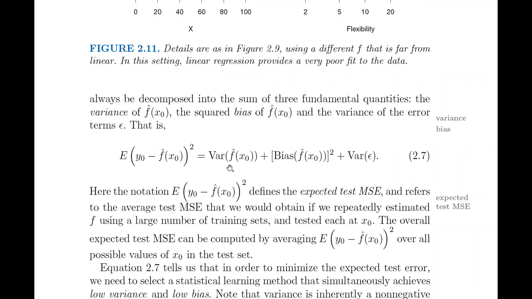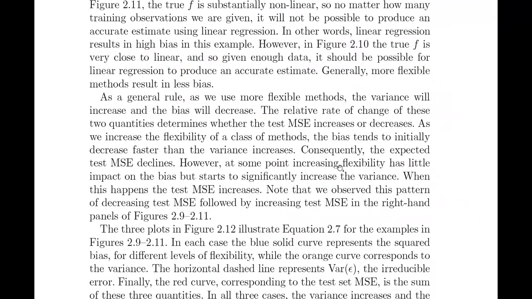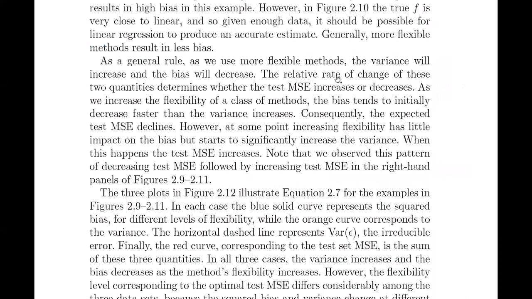Let's do it this way. You might manage to decrease the bias by, I don't know, 50%, but the variance only increases by 25%. So that means overall, the MSE has decreased. This is what they mean by the rate. The relative rate, you're comparing them. How are they changing relative to each other?